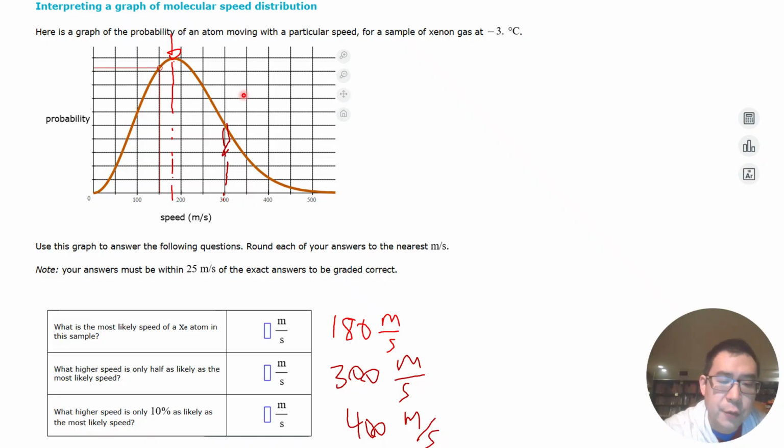Alex may ask you for the higher one, it may ask you for the lower one. You've got to be careful. This question asks both for higher. It might ask you for different percents, but if it's out of 10, then 100% is 10 units, 90% is 9 units, 80% is 8 units, and so on.